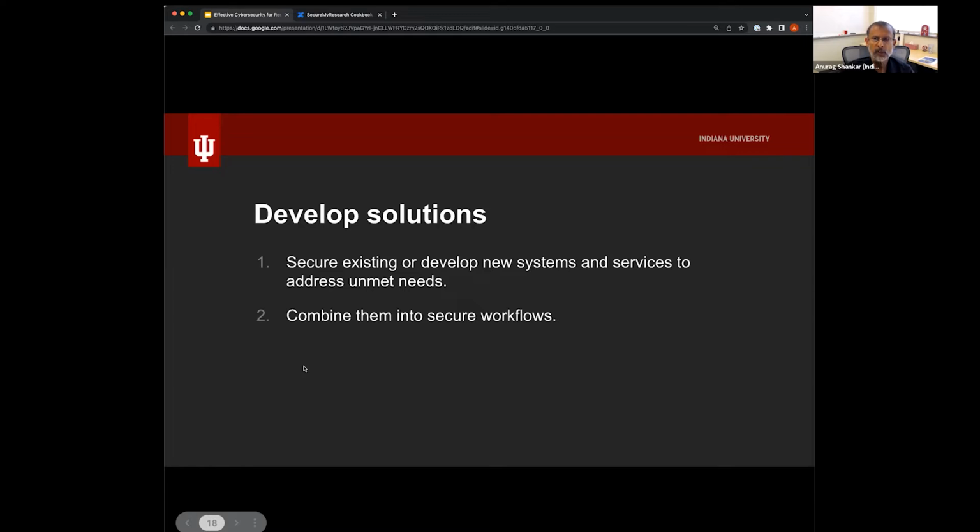And then the last step in our way of thinking is it's not enough to simply have these systems and services. You actually have to think about those use cases and map these resources into workflows. And again, the cookbook will show this, where if someone wants to do X, then you take systems A, B, C, D in a certain way and combine them to secure that workflow that would accomplish that use case.